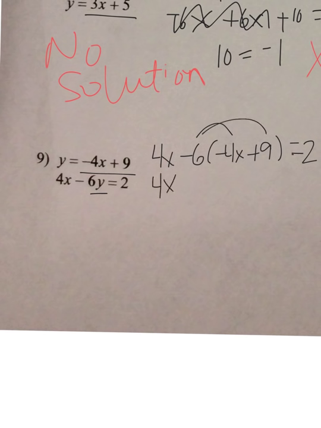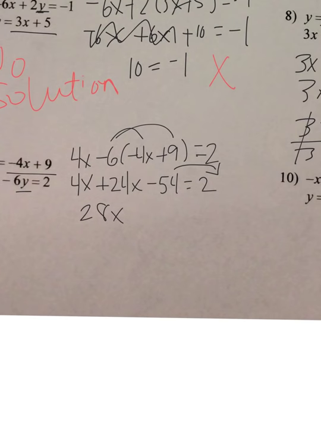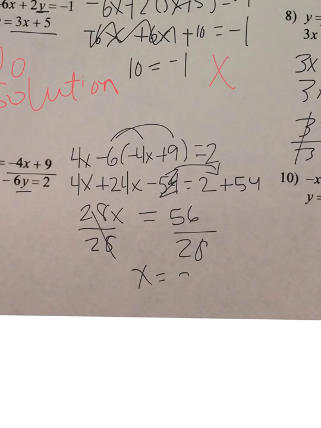That's 4x plus 24x minus 54 equals 2. I combine. That's 28x, and I move this over there, so that's going to be plus 54. I get 56. So I get 28x equals 56. Divide by 28, divide by 28. X equals 2.